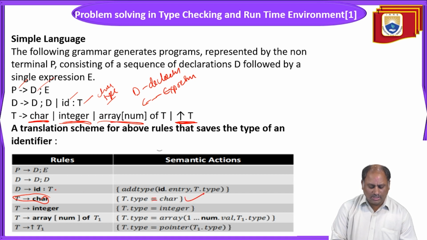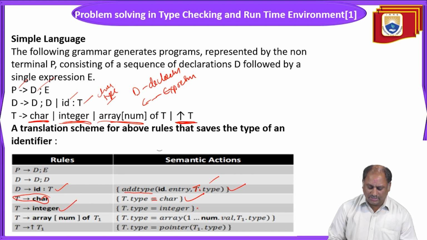Here if that is not defined, then what is the type? ID dot verifies. There is a method called addtype method. It accepts the parameter entry type, what entry type it is, that is T dot type. It clearly checks whether the type is correct or not. So based on that it goes to the further step action.